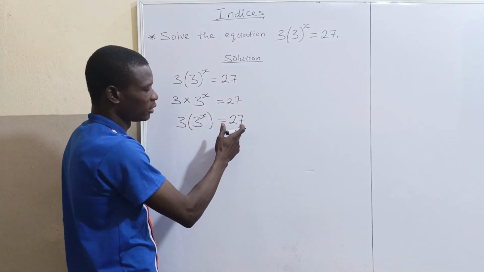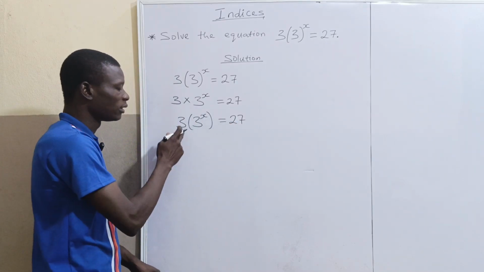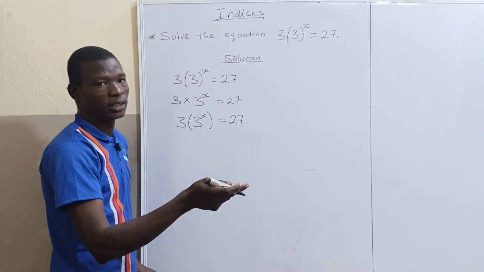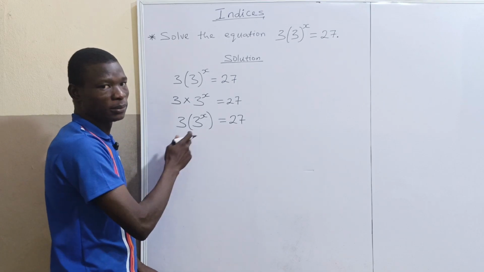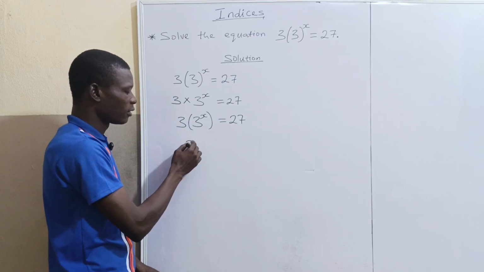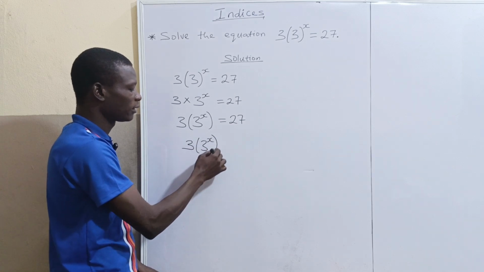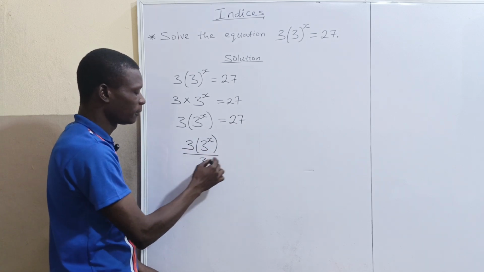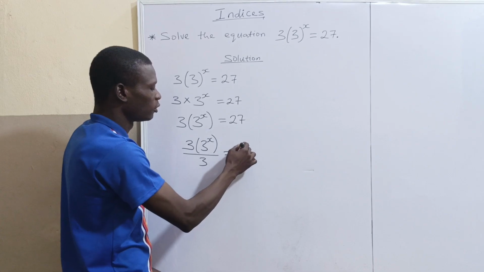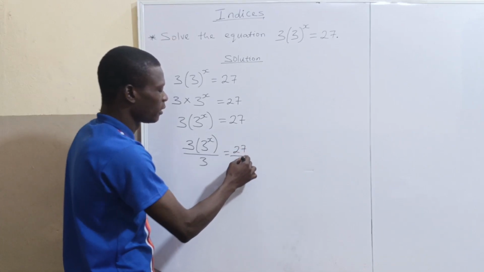Likewise, 27 is not having any variable with it. So I can say this 3 and 27, they are like terms. So for us to collect them together, we'll be having 3 bracket open, 3 raised to power x divided by 3 equal to 27 divided by 3.